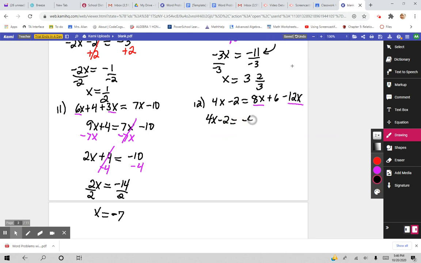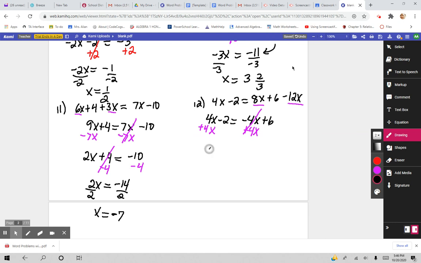That's going to be minus 4x plus 6, because you're combining 8x plus negative 12x. That's how we get negative 4x. Now let's get all of our x's on the same side by adding 4x to both sides.